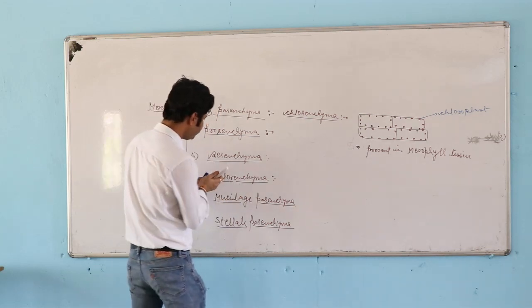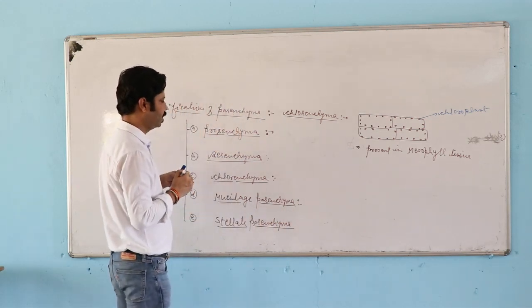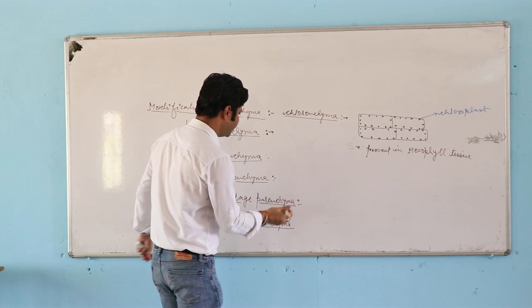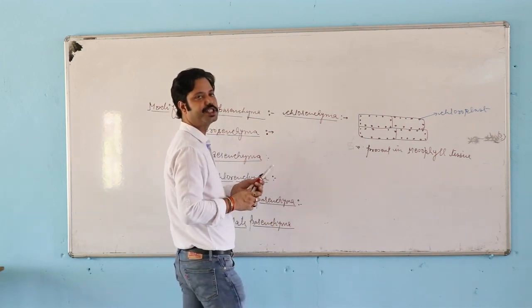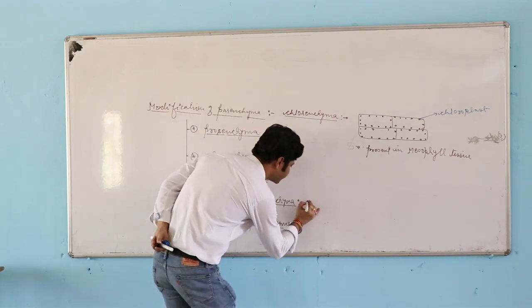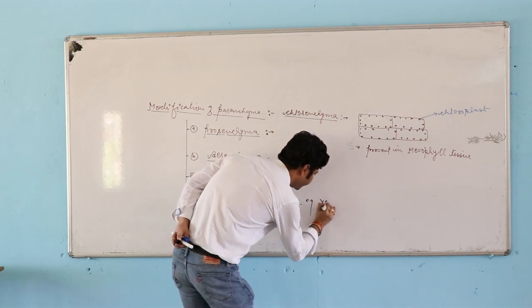Okay. Now next is mucilage parenchyma. Mucilage parenchyma is present basically in xerophytic plants.